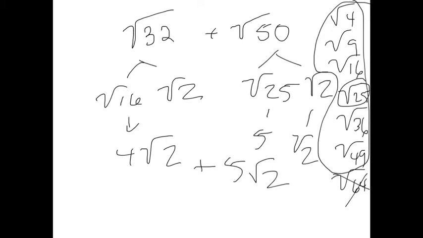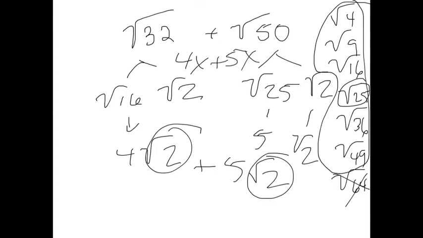So the only way that I can add rad 32 and rad 50 is if and only if, when I simplify the radicals, the numbers that stay underneath the square root box are the same. So in this case, they're both 2. Think about them as variables in the sense that if you had 4x plus 5x, because the x's were like terms, you could add them by saying 4 plus 5 is 9 and the x comes along for the ride.